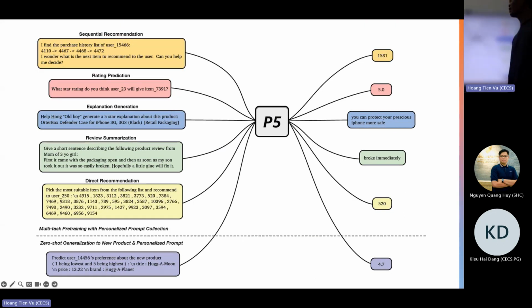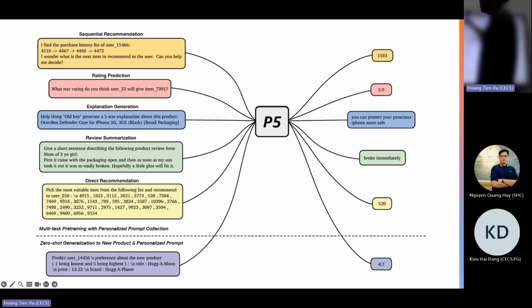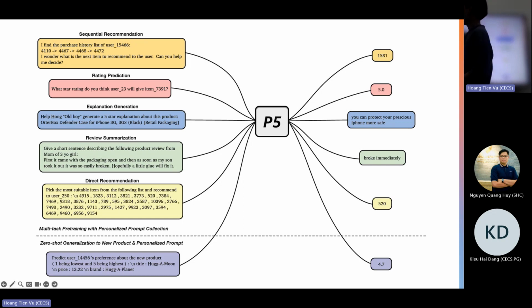If we have some inputs in natural language, like user 15466 has some history list structured like that, we ask the model what the next item should be recommended to the user.